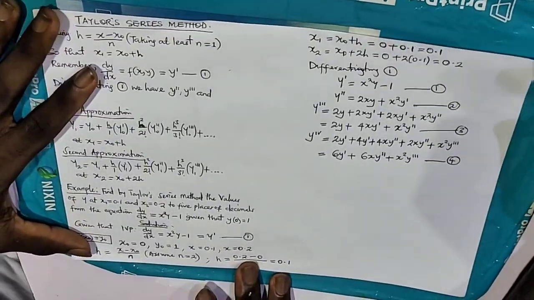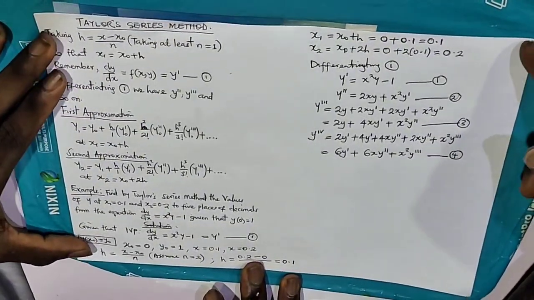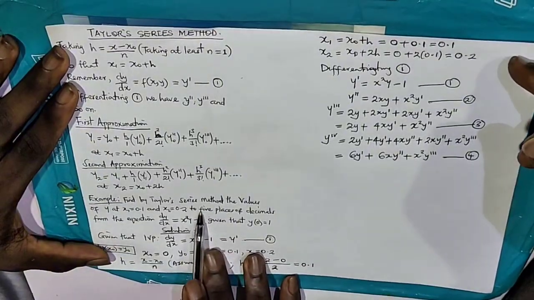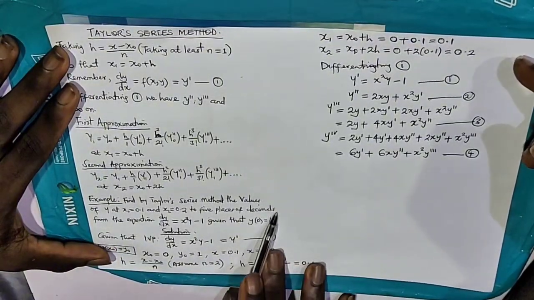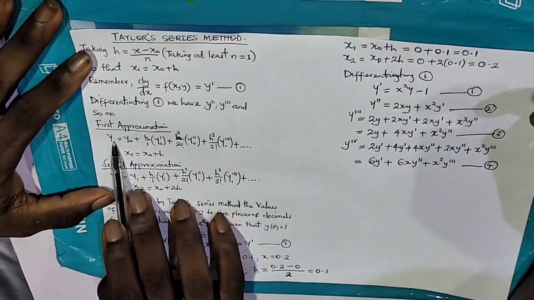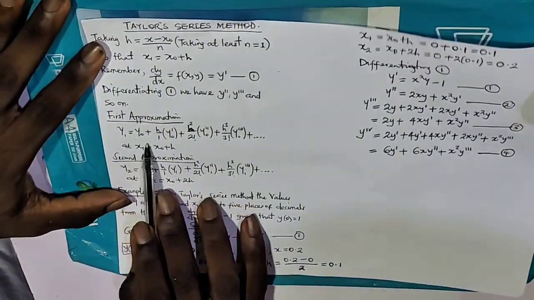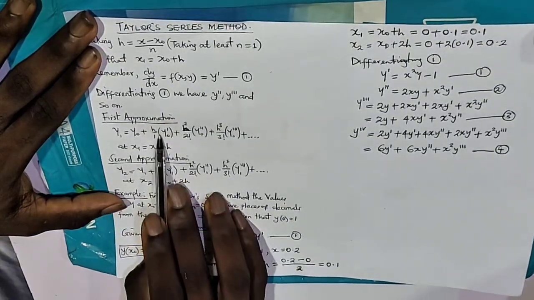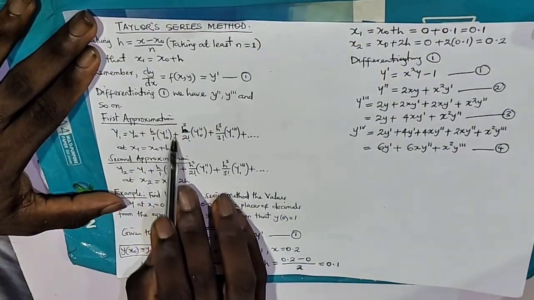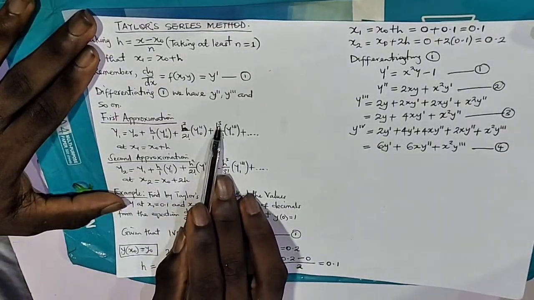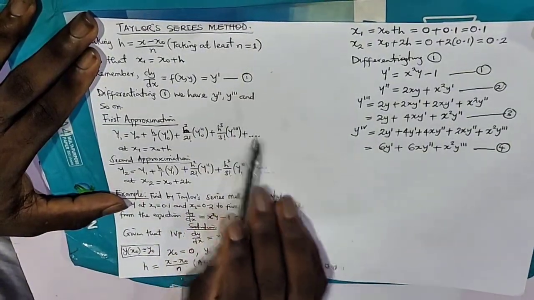Okay. Remember that the question says to 5 places of decimal. Now let us look at our formula here. Our formula says that y1 is equal to y naught plus h over 1 into y prime naught plus h squared over 2 factorial y double prime plus h cube over 3 factorial y triple prime and so on, right?